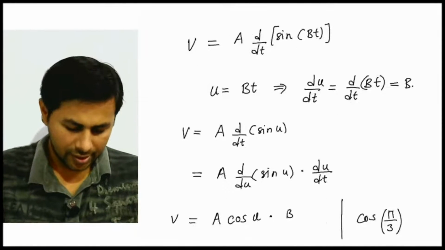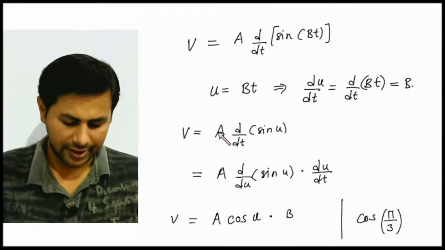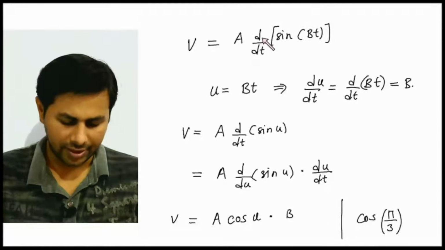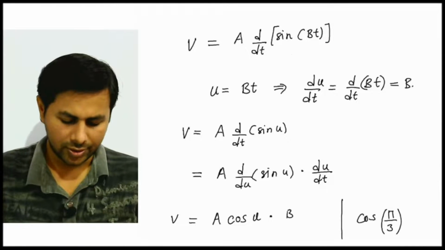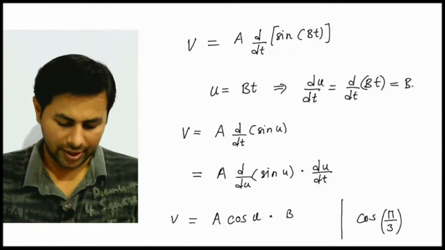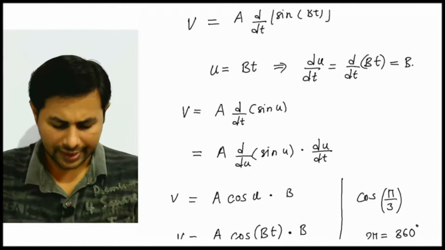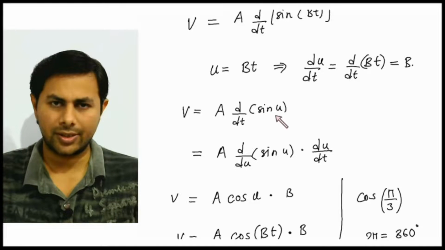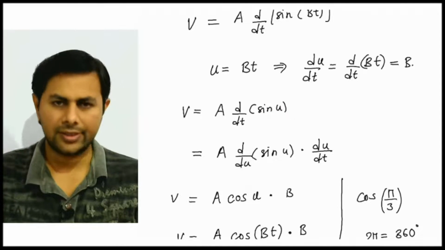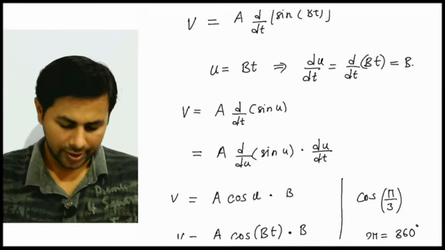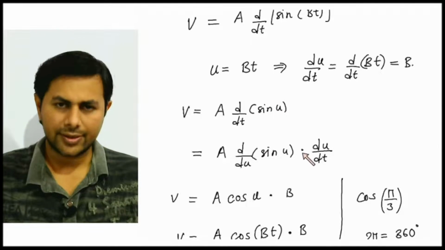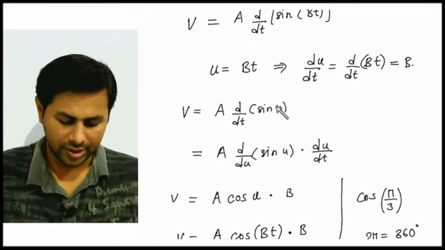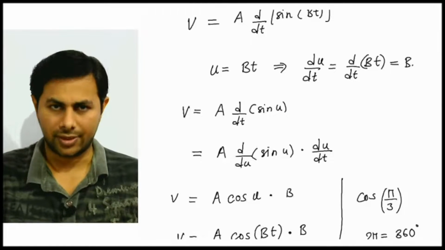After that, we can write this as a times d by dt, derivative of sine of this function, and this function we called u, so it is d by dt of sine u. And then chain rule says that take derivative of this function with respect to this inside function, that is u. So take derivative of sine u with respect to u and multiply it with derivative of this inside function with respect to t.